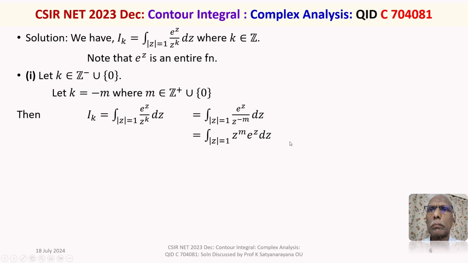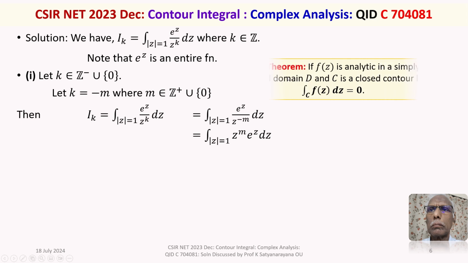We apply the famous Cauchy's theorem. That is, if f(z) is analytic in a simply connected domain D, here the whole of the complex plane, and C is the closed contour, that is |z| = 1 lying in D, then the integral taken around C of f(z) dz is equal to 0. We apply this and we get this 0.